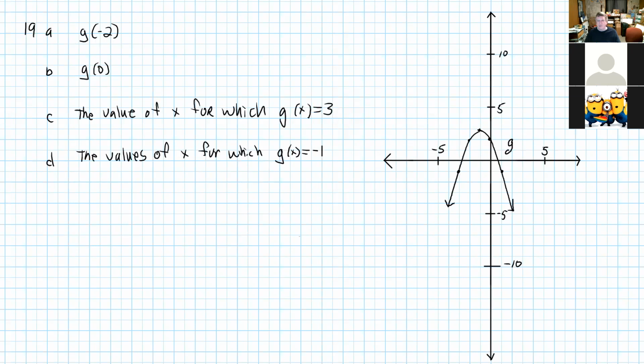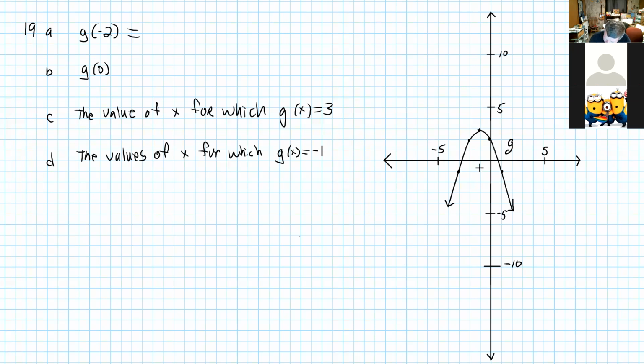Same thing again. G of X equals -2. Wait, I said that wrong. When X is -2, what is the corresponding Y value? My bad. Sorry about that.